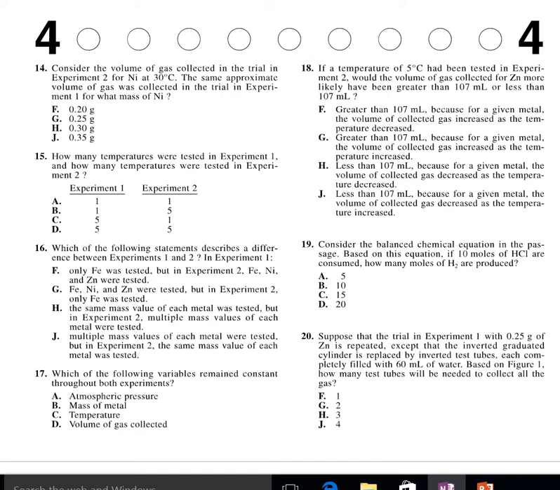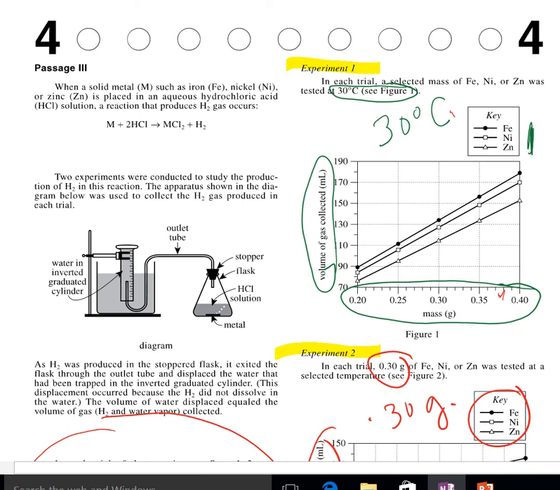Number 14. All right, consider the volume of gas collected in the trial in experiment 2. So we're looking at experiment 2 for nickel at 30 degrees. The same approximate value of gas was collected in the trial in experiment 1 for the same element, nickel, for the mass. So here we're going to go back and look at those two charts.